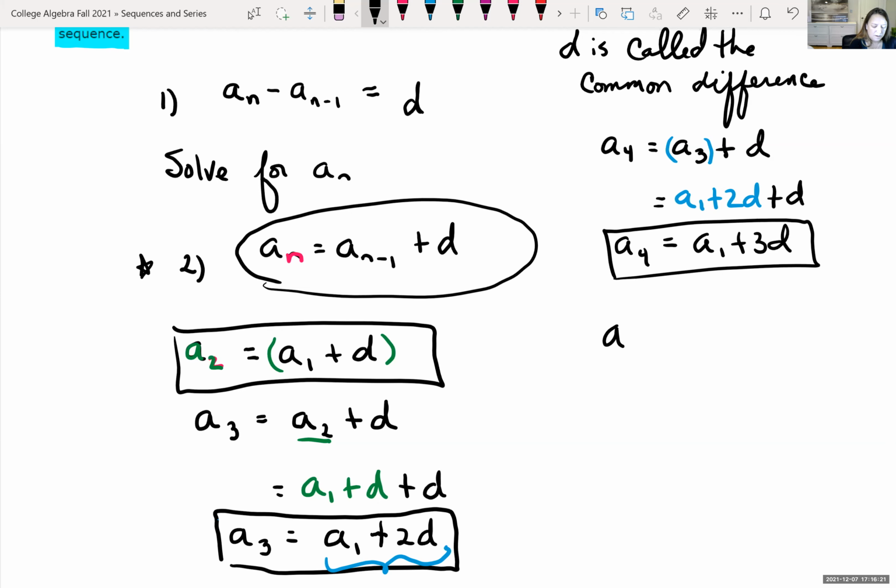Let's do one more, and hopefully you can see the pattern going on here. A sub 5 is equal to the fourth term plus a d. But we know what a sub 4 is in terms of a sub 1 and d. So we can rewrite a sub 4 as a sub 1 plus 3d, plus d, which is the same thing as a sub 1 plus 4d.